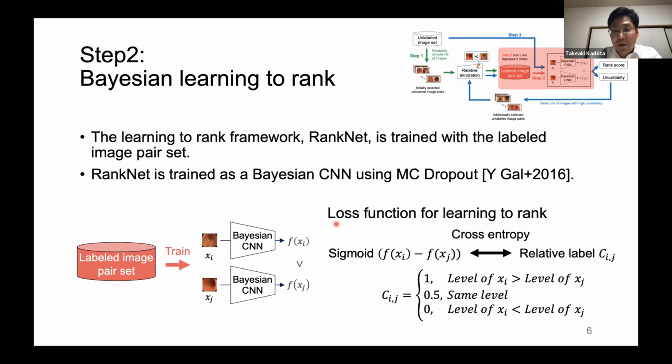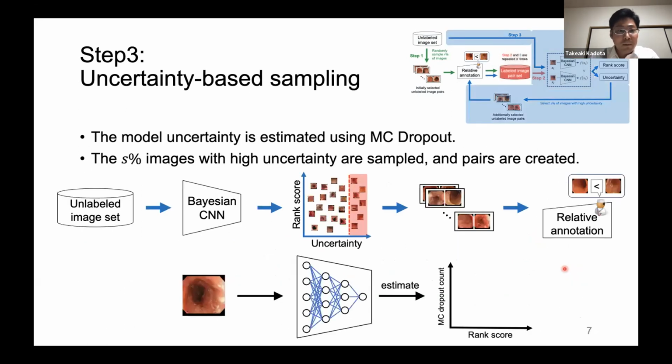The loss function for learning to rank is cross entropy. This function learns to bring the sigmoid function of the difference of the output values closer to the relative labels. In the next step, the model uncertainty is estimated using MC dropout.